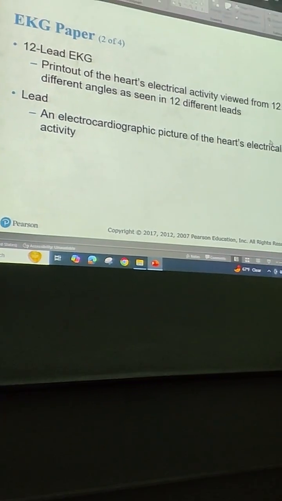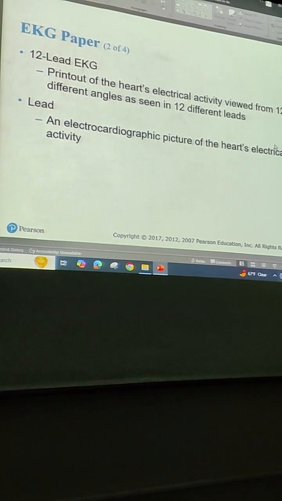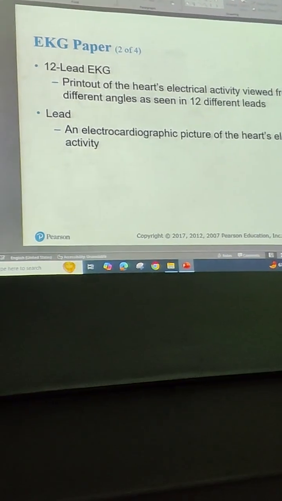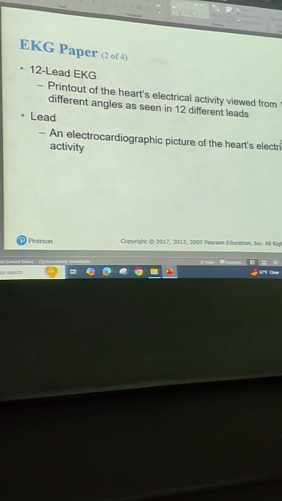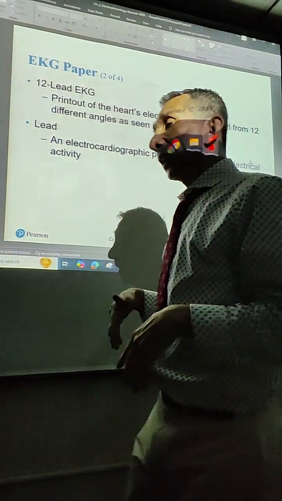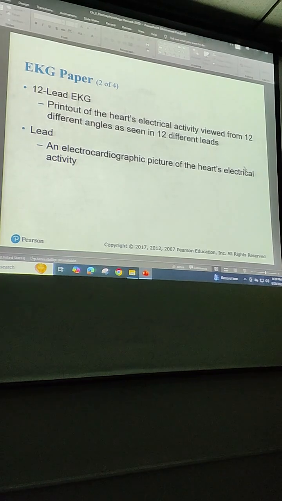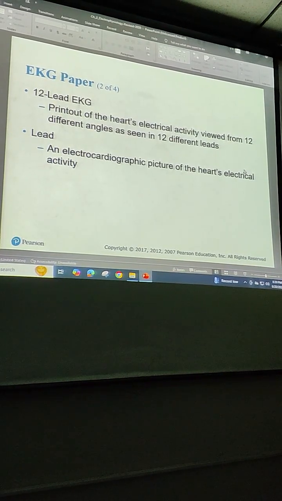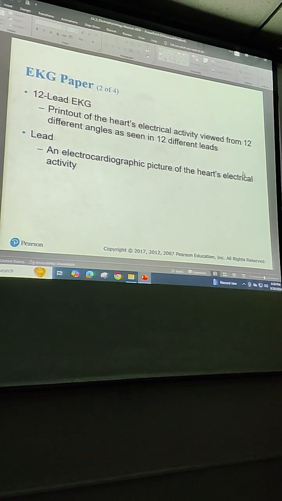Let's talk about the 12 leads EKG. All these EKGs that we do in our office are called 12 leads EKG. Why do we call them 12 leads EKG? Because we are going to record 12 different locations of the heart.